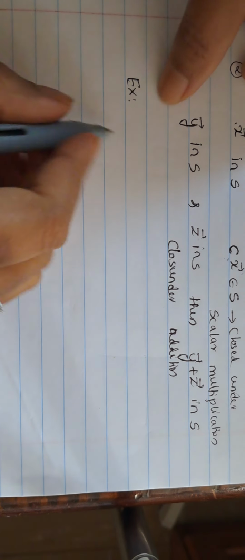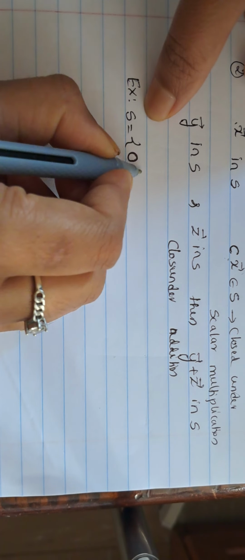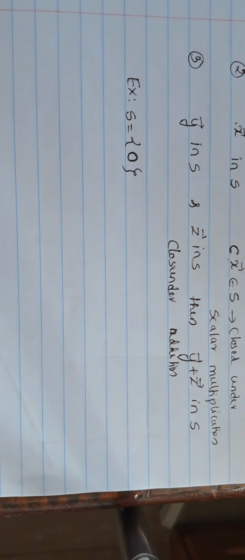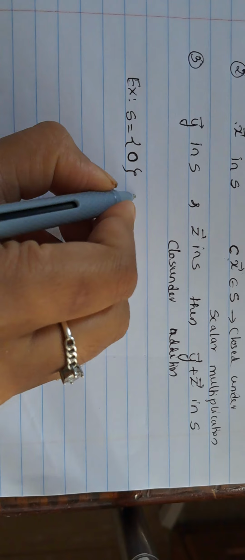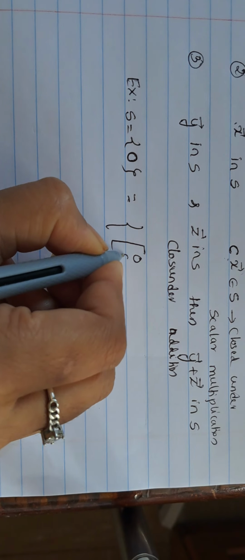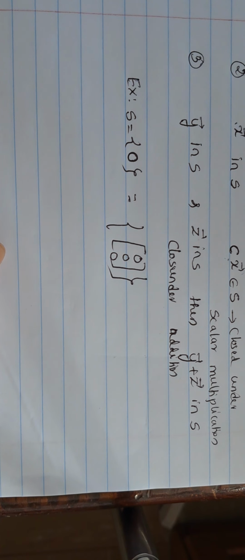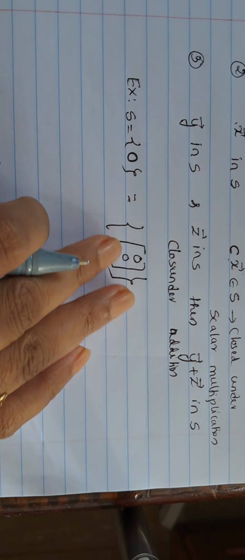I have a set S which contains just the zero vector, more specifically the zero vector in R3.